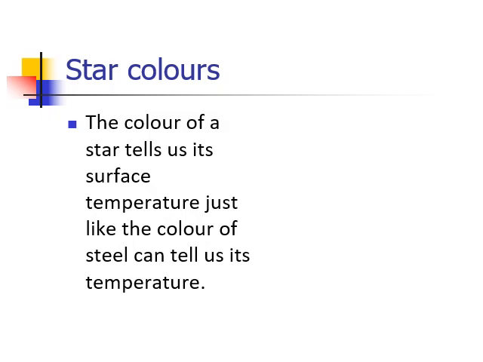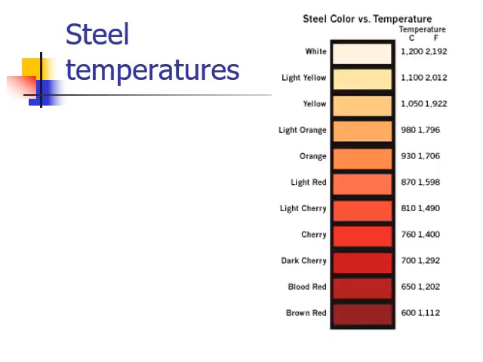So the color of the star tells us information about its surface temperature in the same way that the color of a piece of metal or steel that's put into a hot furnace tells us about its temperature. So as we heat up a piece of steel, it firstly goes red, and then it goes a sort of cherry color, and then it goes orange, then it goes yellow, and then it goes white hot as we change temperatures.